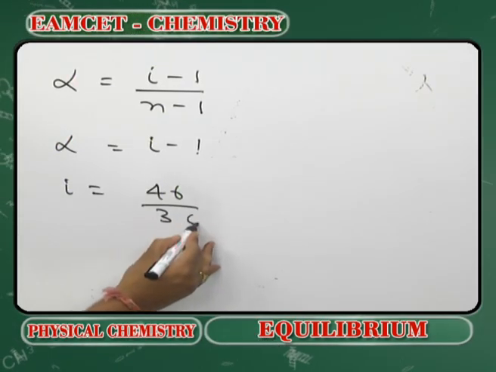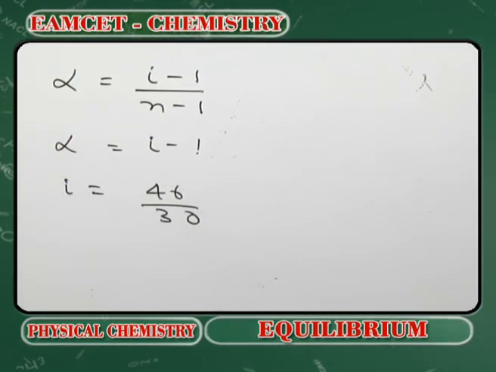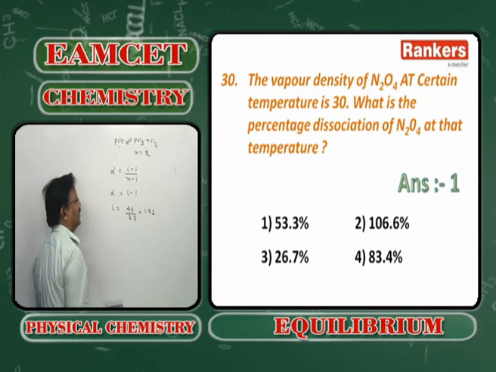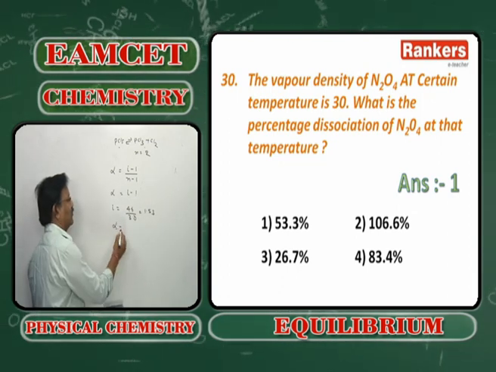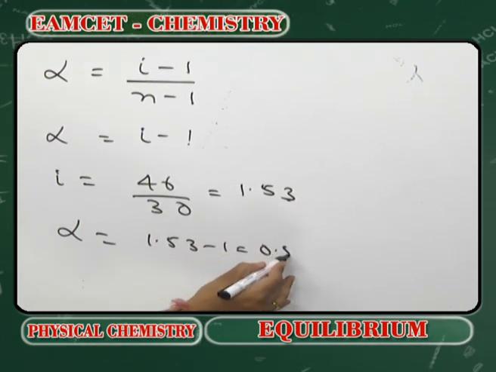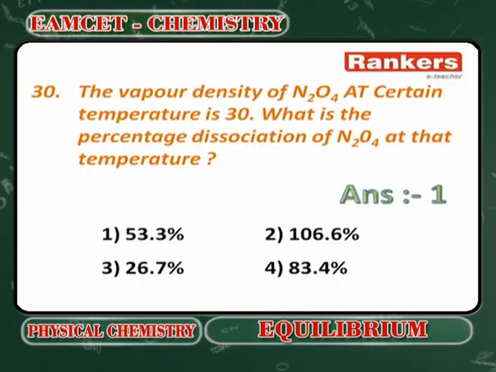Experimental vapor density is 30. So what is the value? The i value is 1.53 and alpha is equal to 1.53 minus 1, so 0.53. It is 53.3%. Option 1 is the answer.